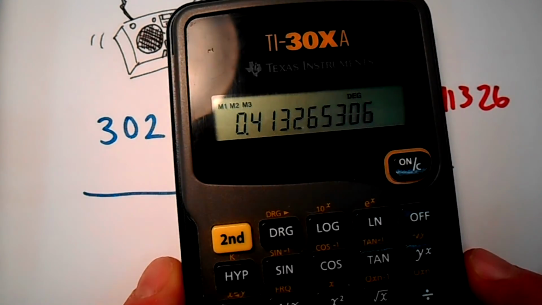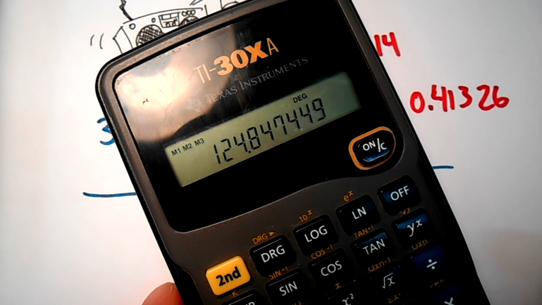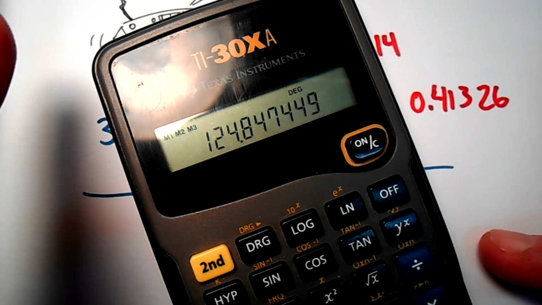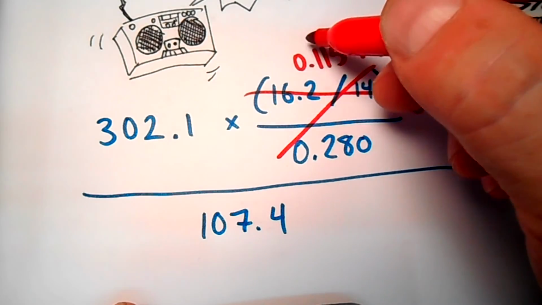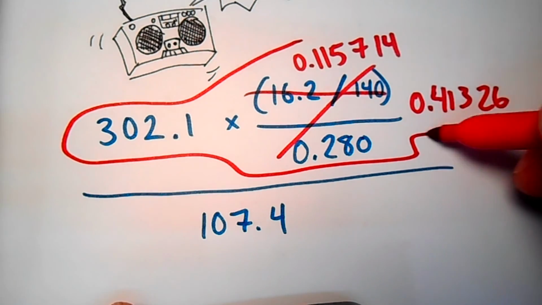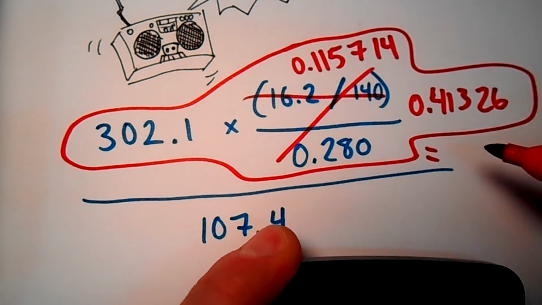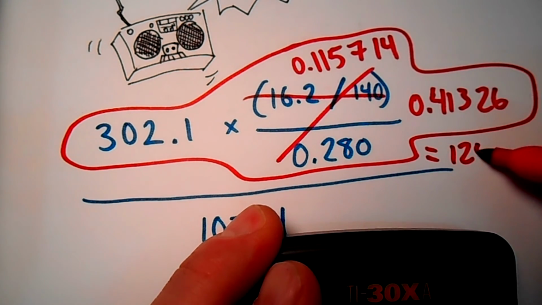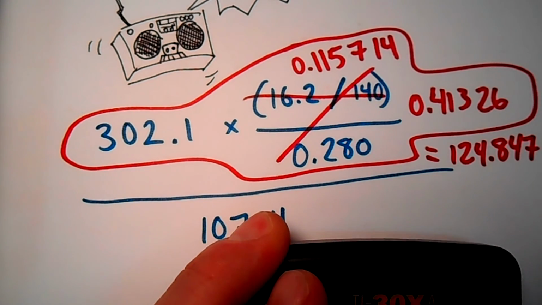It's still in my calculator, so I'm going to multiply it by 302.1. And when I do, I get this new raw value, 124.847 and some odd change. So that's what all of this raw equals out to be. This all equals 124.847, and so on.